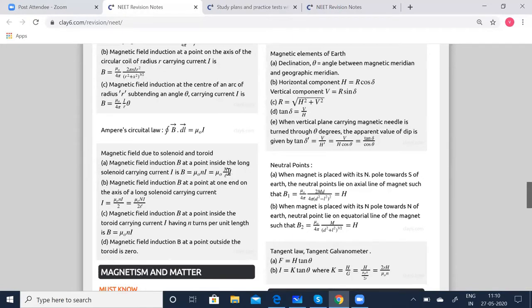Turn density is given by capital N divided by L, where N is the number of turns and L is the length of the conductor, and I is the current.